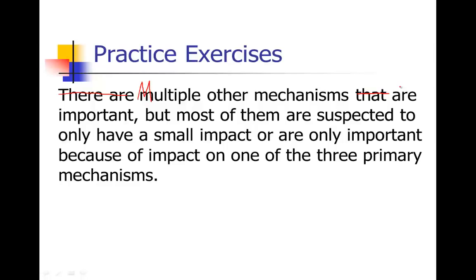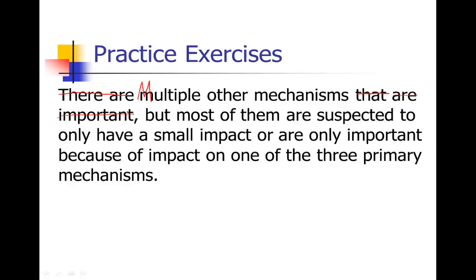So that's kind of contradictory. If it only has a small impact, is it really important? So I really don't like the "important" here because it doesn't dovetail well with the small effect size, the small impact. So I'm going to get rid of that completely. And then also we have this to-be verb "are," which is really boring. So let's get rid of that.